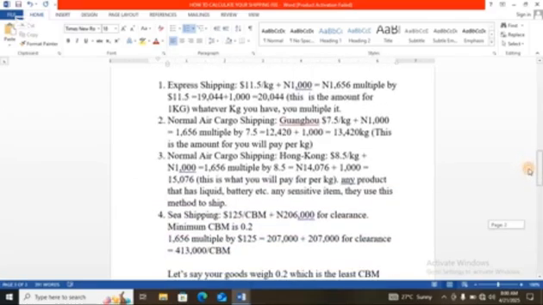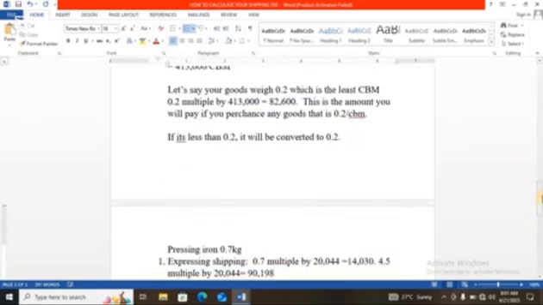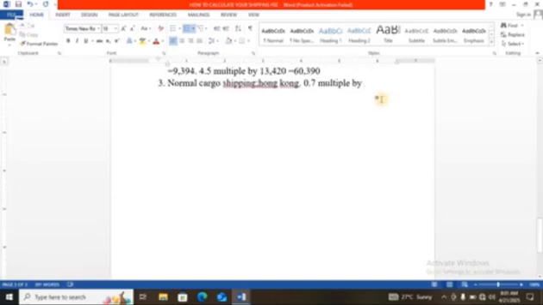It's 15,076. Let's see how much it's going to give. 0.7 times 15,076, you are going to be paying 10,550. So you see that there is a slight difference within these prices.